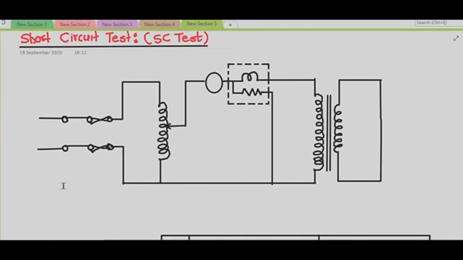So let us draw the experimental setup or circuit diagram for the short circuit test. Name itself indicates we have to short circuit the secondary.